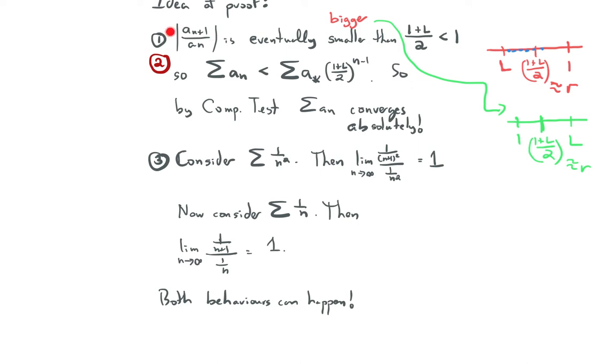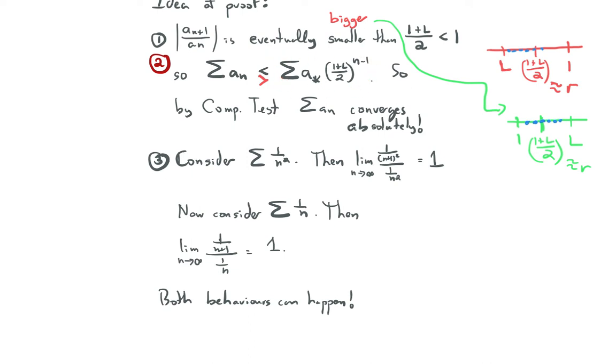The ratios have to be eventually bigger than (1 + L)/2 since they approach L, which tells me that this sum of a_n is eventually going to be bigger than this geometric series.